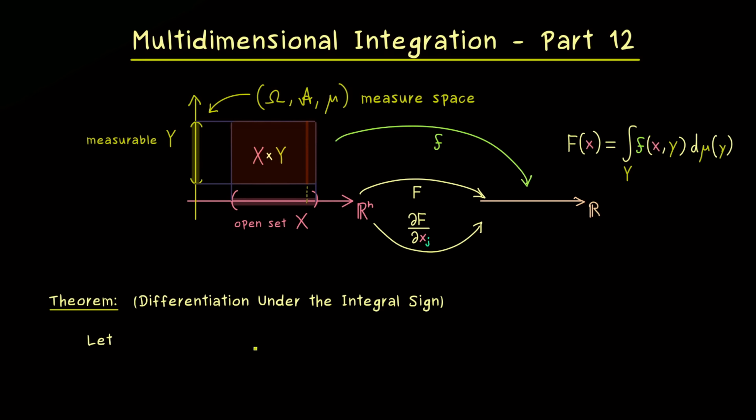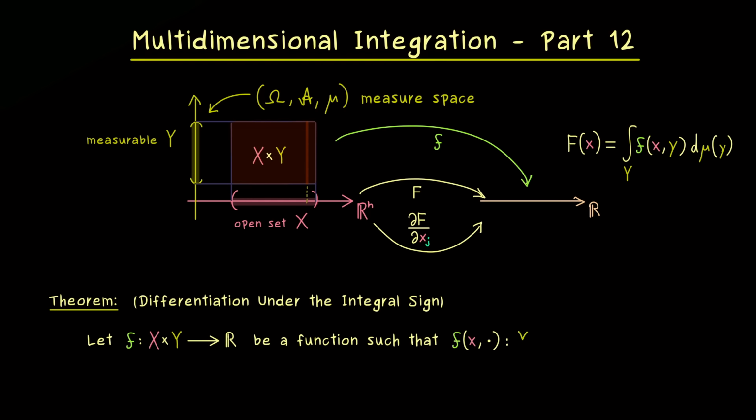And now for the start, let's clear up all the assumptions. So we have our space Rn and the measure space as before. And they are defined on the Cartesian product. We have an ordinary real-valued function. And it should have the property that for every fixed x, we can integrate over y.